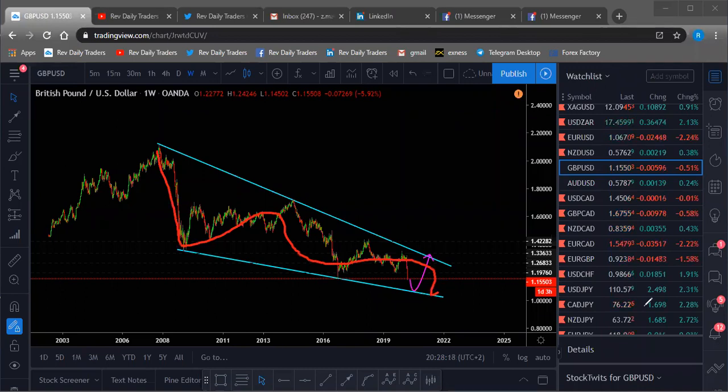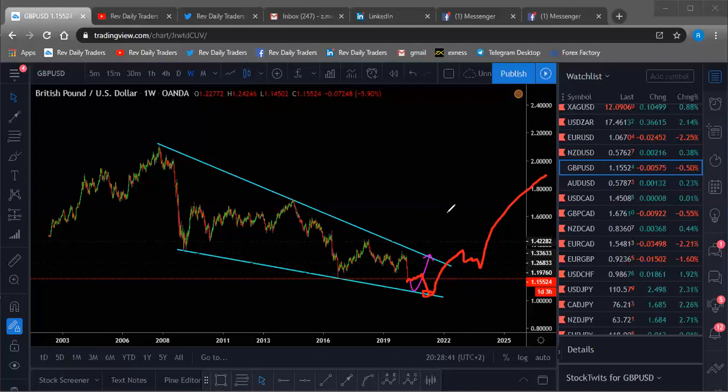On this wedge formation, we are expecting this pair to correct here, then give us one more low. Then from this floor, we're going to take the pair outside. You only have to look for a correction, then buy.